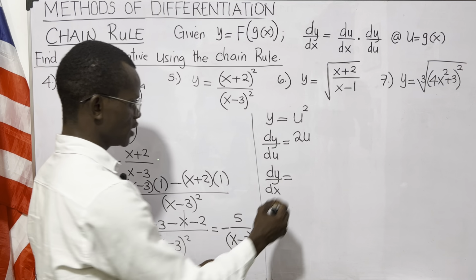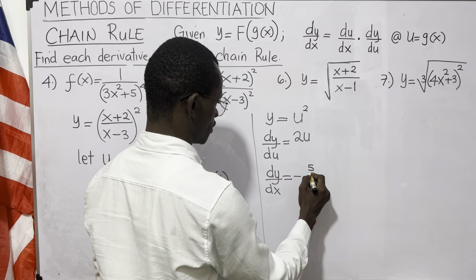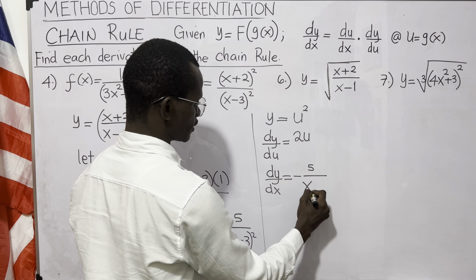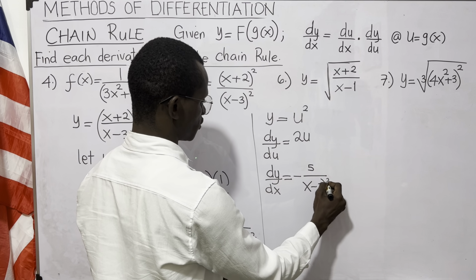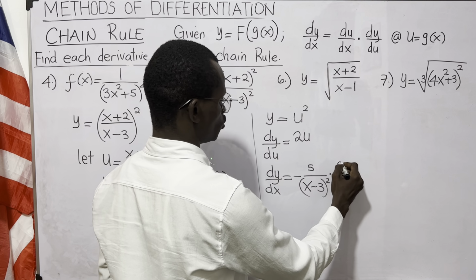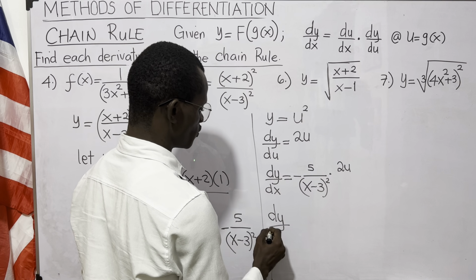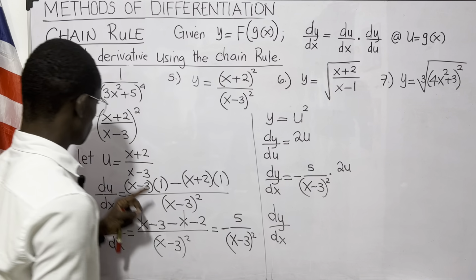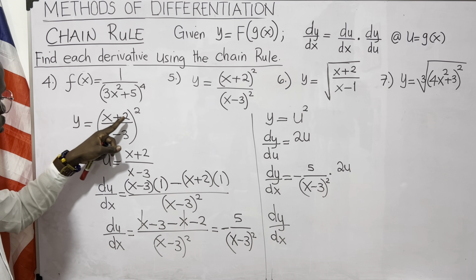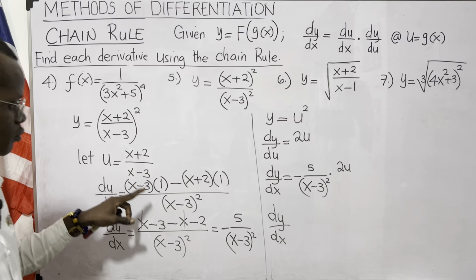So this first one is negative 5 all over x minus 3 raised to the second power times, this is 2u. But again, what is u? From the beginning, we saw that u was x plus 2 divided by x minus 3. That was u.